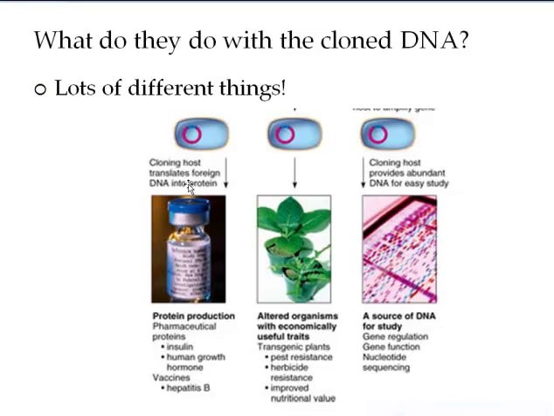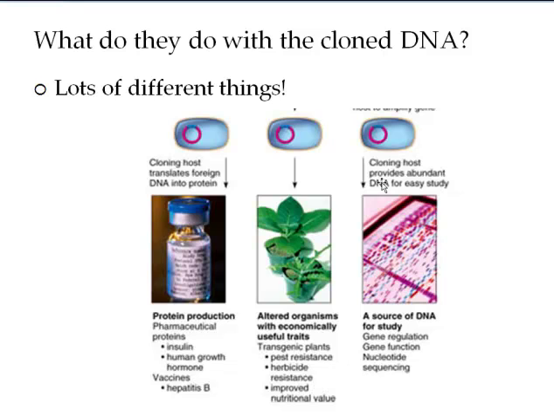You can clone different copies of the foreign DNA and manufacture the proteins that can later be used in therapeutic conditions. Another example, shown in the middle, is that of altered organisms with useful traits, for example, pest protection, herbicide resistance or added nutritional value. These are all examples of genetically engineered transgenic plants that can be used.